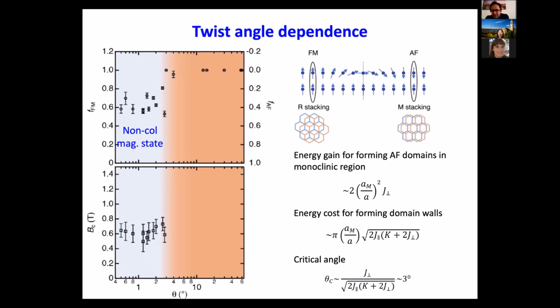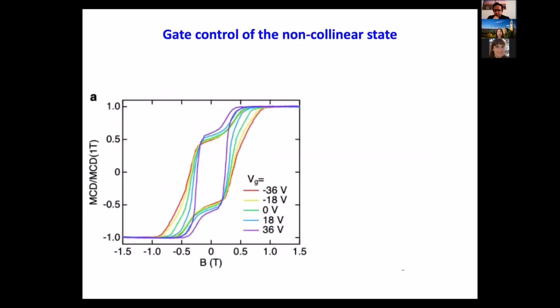Okay, so I have one more slide to show, and that explains this critical angle. If you look at this, the critical angle is controlled by interlayer interaction. So if you can tune this and you sit at a fixed twist angle, you should also be able to see this phase transition. And this is something we tried.